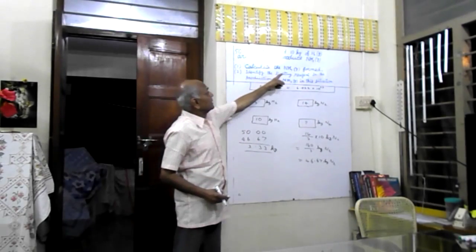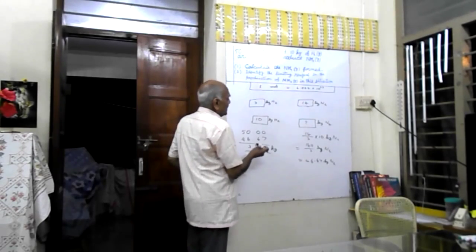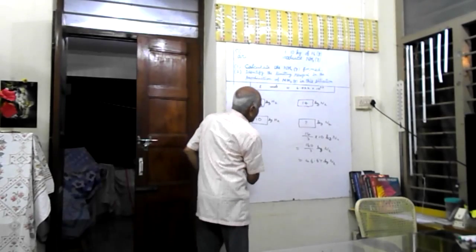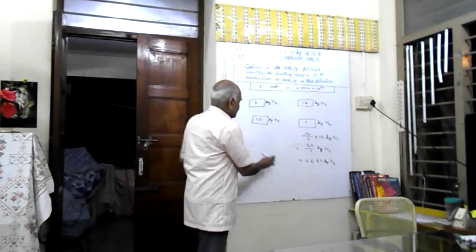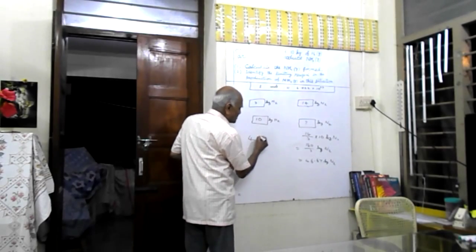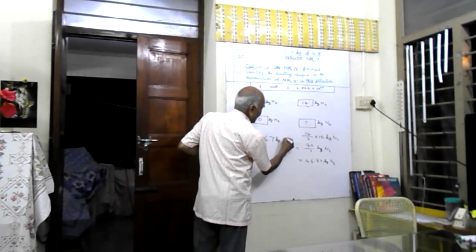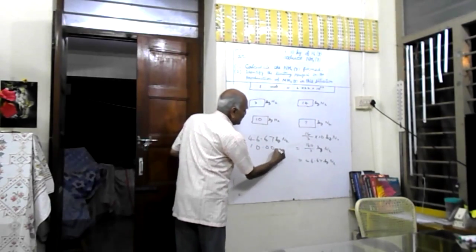First question, calculate the ammonia gas formed. 10 kilograms of hydrogen combined with so many kilograms of nitrogen. So total mass of it will be 46.67 kilograms of nitrogen plus 10 kilograms of hydrogen.